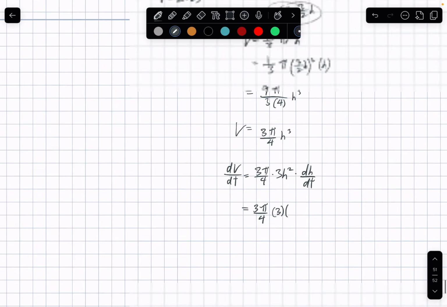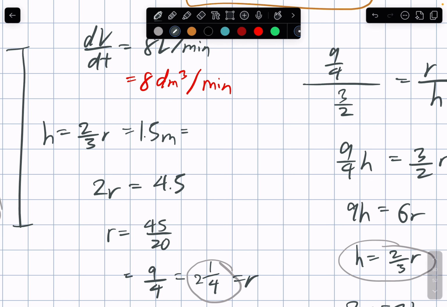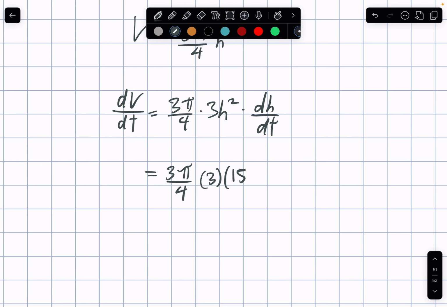That is in terms of decimeters. How about our height? Our height is 1.5 meters. Convert it to decimeters. So that's 15 dm. I think that's what's up. 15 squared times dh over dt. And then don't forget 8. Multiply both sides by 4.